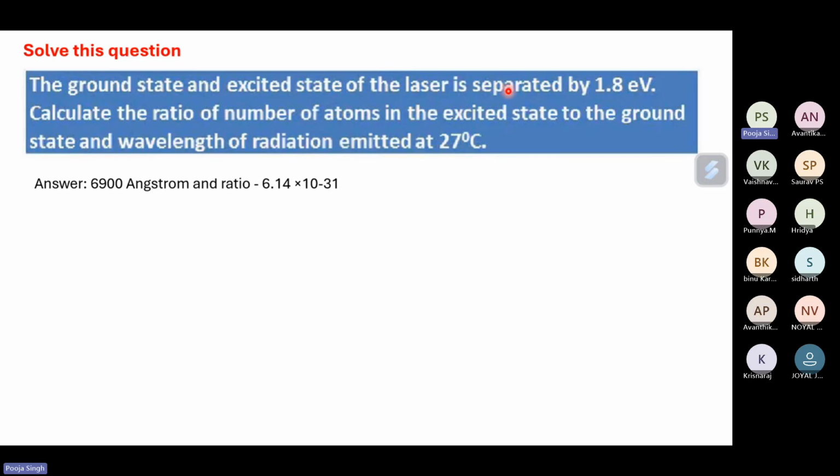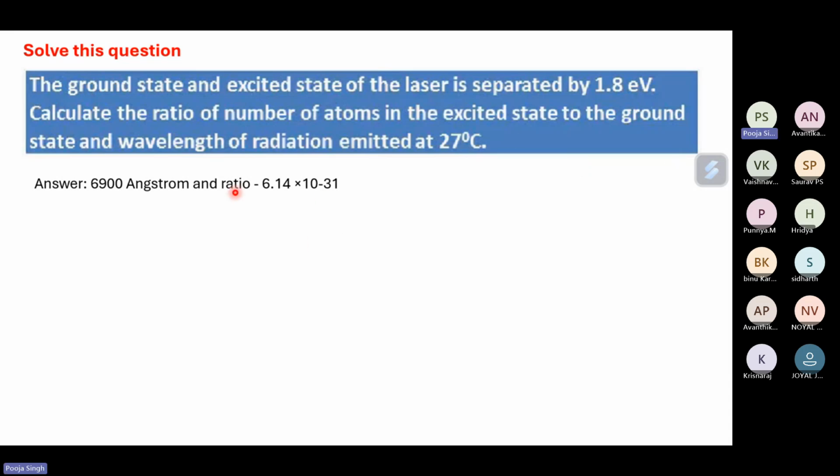Separated means delta E is given as 1.8 electron volt. What you have to calculate is the ratio of the number of atoms in the excited state to the ground state, and the wavelength of the radiation that is emitted at 27 degrees Celsius.